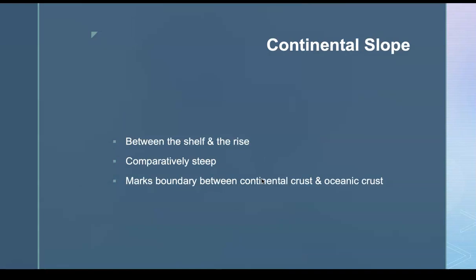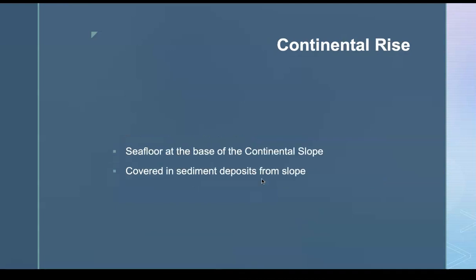Continental slope, okay, between the shelf and the rise. And this is where that boundary between the two crusts occurs. And then the continental rise. And this one always bothered me as a student. Maybe you guys figured it out a long time ago. I'm just a dodo. But I'm thinking of it as, again, walking out from the beach, right? And you're going downhill.